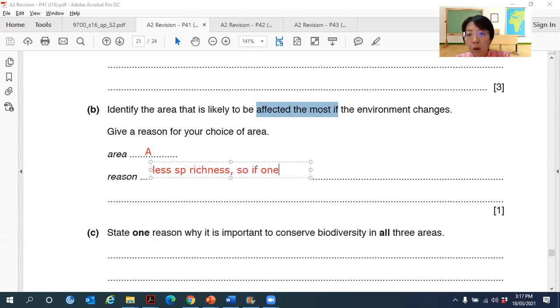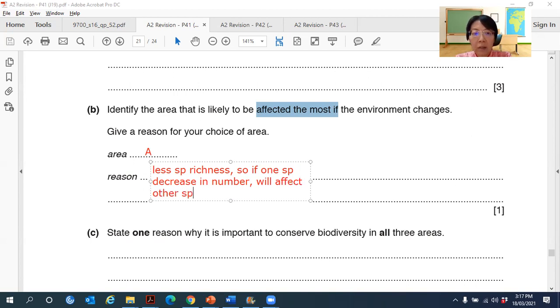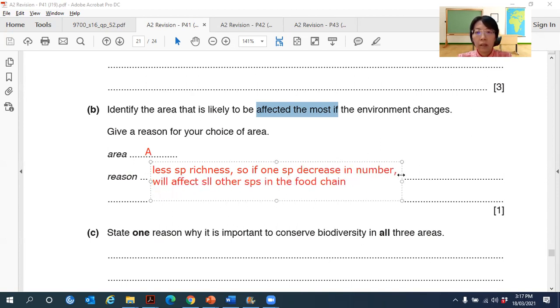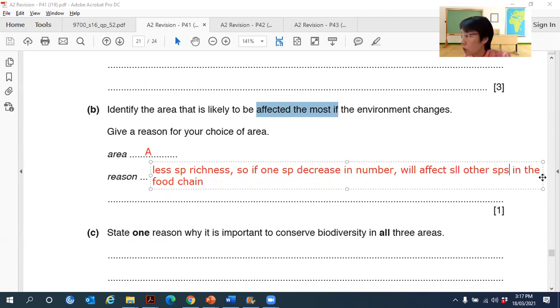So if one species decreases in number, it will affect other species in the food chain. It will affect all other species in the food chain. Okay. So this is because it has less species richness. Okay. So that's the answer.